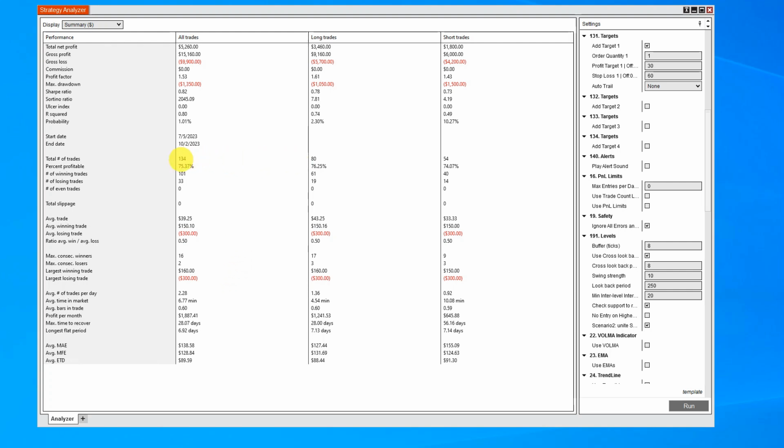So this has taken 134 trades during the 3 months. It has produced a total net profit of just over 5,000. It's had a gross profit of just over 15,000. Now the gross loss is just under 10,000. So this has had to work pretty hard to produce the $5,000 of total net profit.